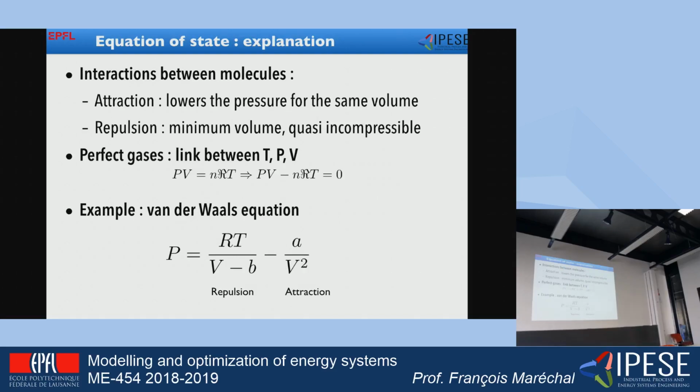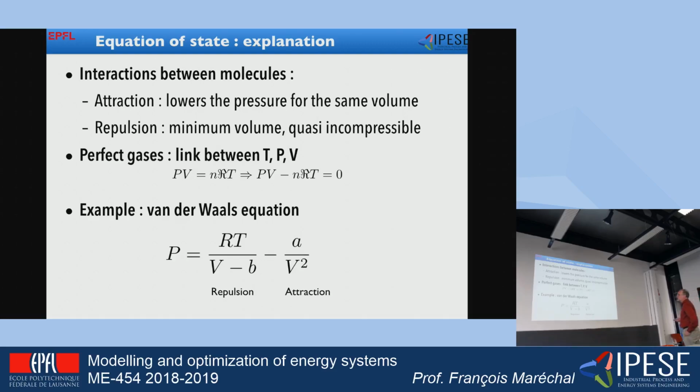Something important is that I have to know the relationship between the pressure, the temperature, and the volume. Okay, and I know that if I have pressure, temperature, and volume, there is a link that helps solve the problem.